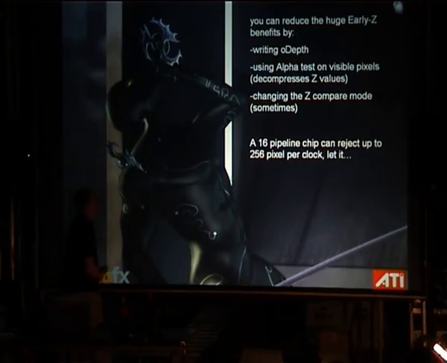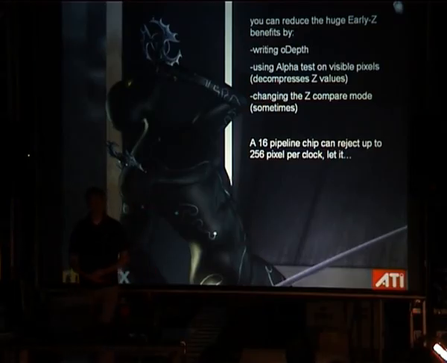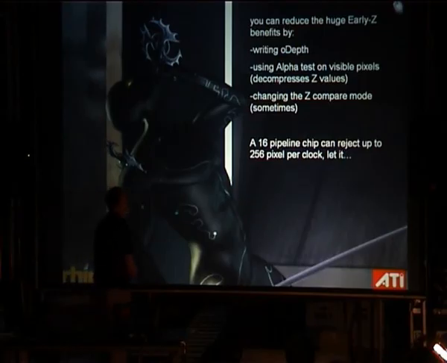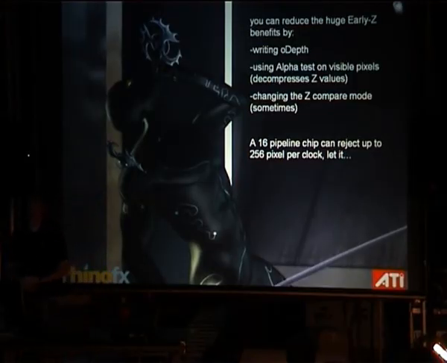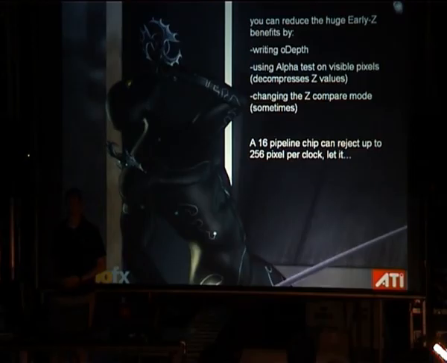So if you're using alpha on visible pixels, you're losing huge benefits of the early Z mechanism, or of the hyper Z mechanism as we call it. And changing the Z compare mode can break our early Z optimizations as well. With 16 pipelines, we can reject up to 256 pixels per clock. So let us do it wherever possible.